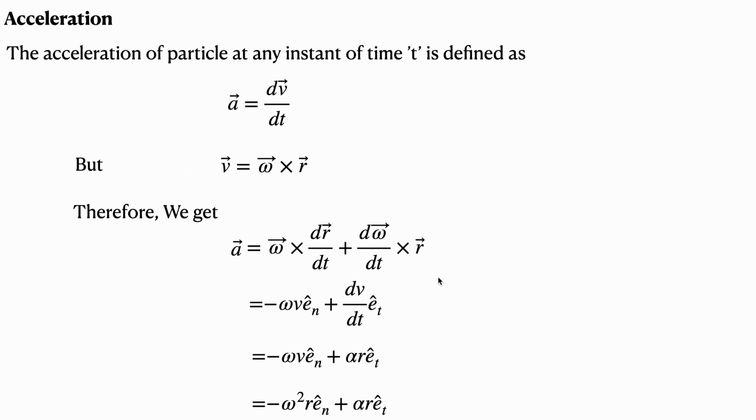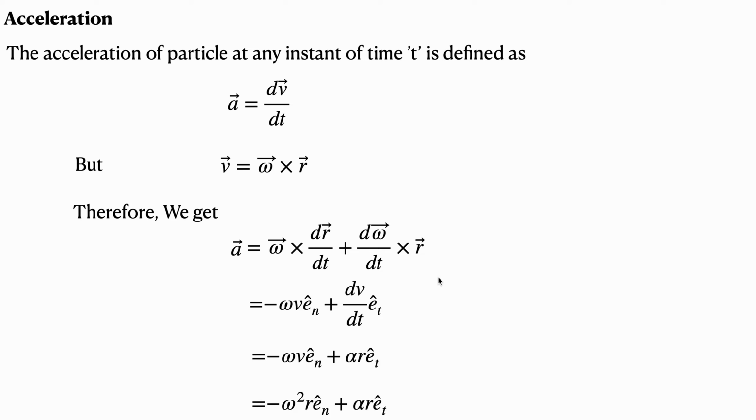Acceleration. The acceleration of a particle at any instant of time t is defined as the acceleration vector equals dv upon dt. But we also know that the velocity v, which is in the tangential direction, equals vector omega cross vector r.